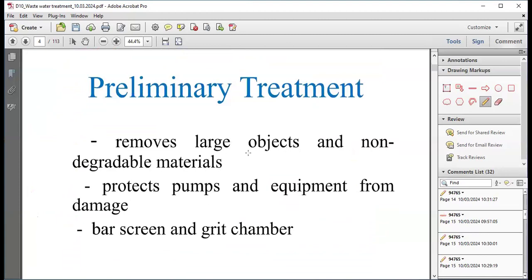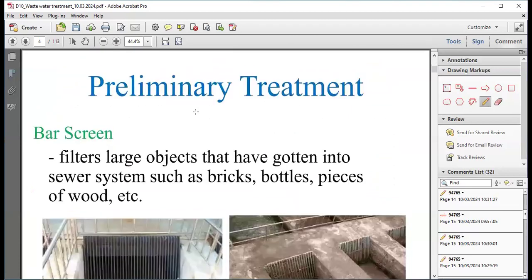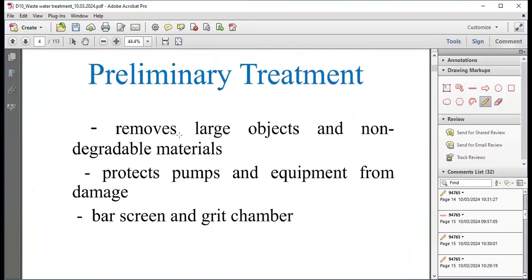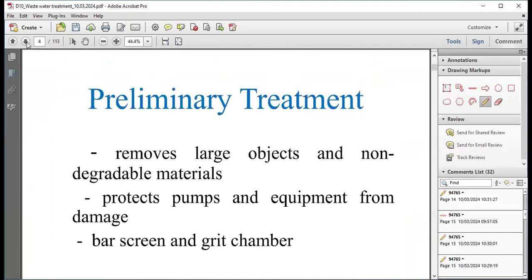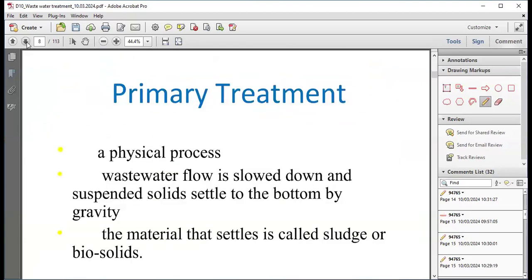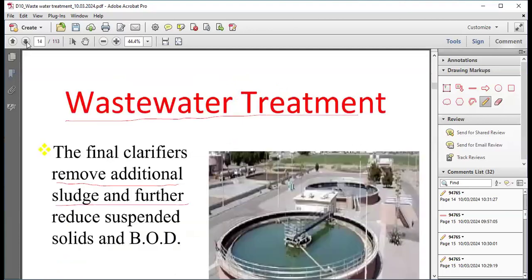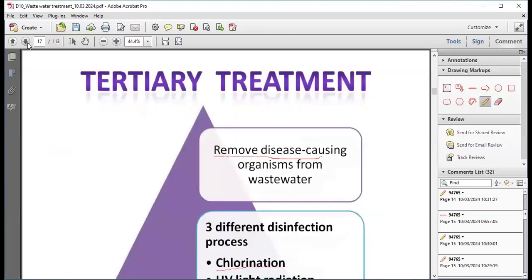Preliminary treatment removes the large objects and non-degradable materials, right? This is not an important thing. So we will see there is one important point.